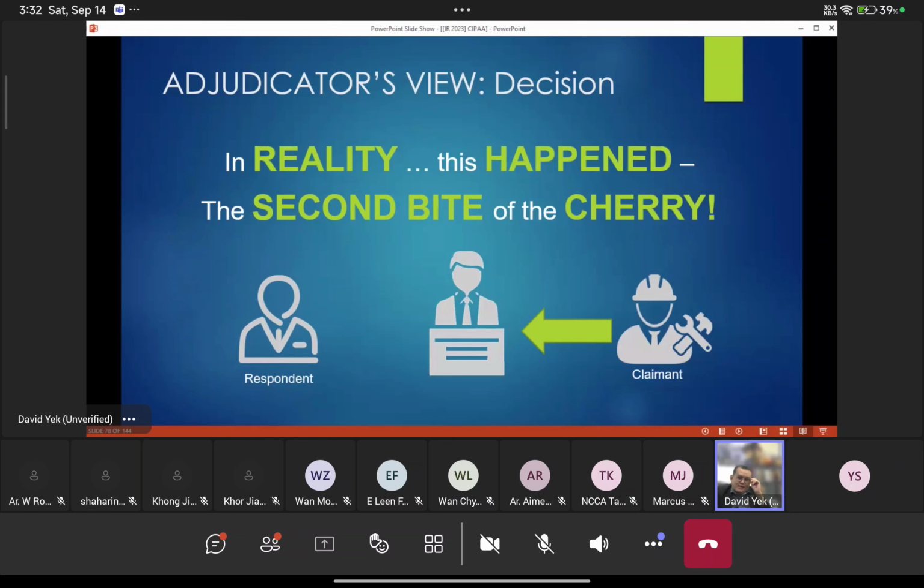And what is this? The respondent may say that in the reply, new evidence has been tendered, and we do not have the opportunity to respond to this new evidence by the claimant. Okay. Therefore, Mr. Adjudicator, I write to you to seek a hearing for this matter.